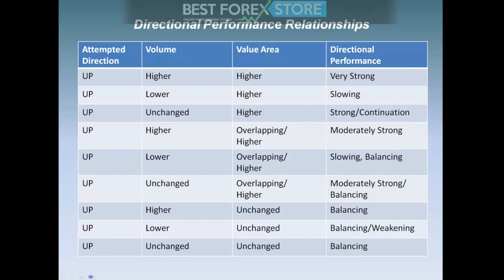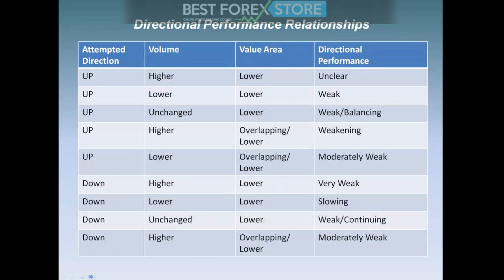So there are a number of different conditions like this that I have outlined for you, and you can review them and then begin to take a look at the market and analyze for yourself, and then look up on the table, what is this really telling me? I have a down move, volume is unchanged, but the value area has moved lower.